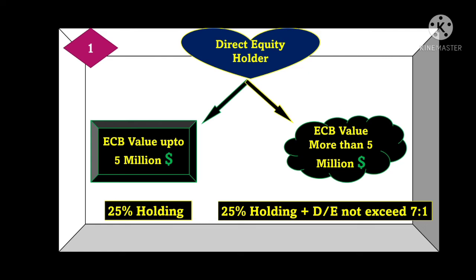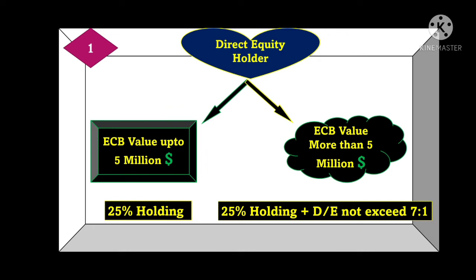As the name shows, direct means the holder is acquiring the shares of a borrowing company directly, with no involvement of any intermediary, right? So here the lender is acquiring or holding the stake in the borrower company directly, right?